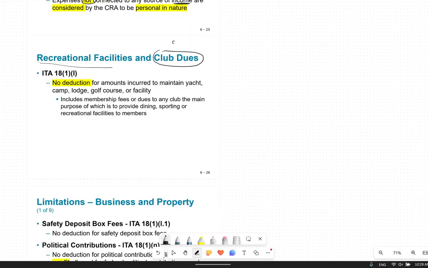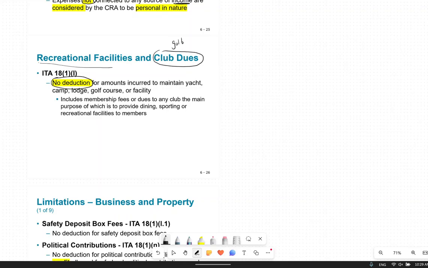In this case, we are part of the golf club, and you're going to be paying them the membership. If you pay the membership, this is not a deduction. Why? Because you're not generating any income when you're playing golf. The government says that you're not allowed to deduct the golf club dues.